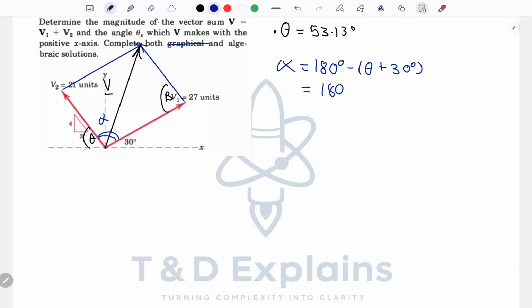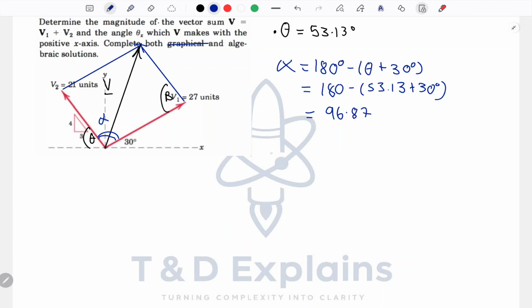So the angle alpha is 180 minus 53.13 plus 30 degrees. You get a value of 96.87.